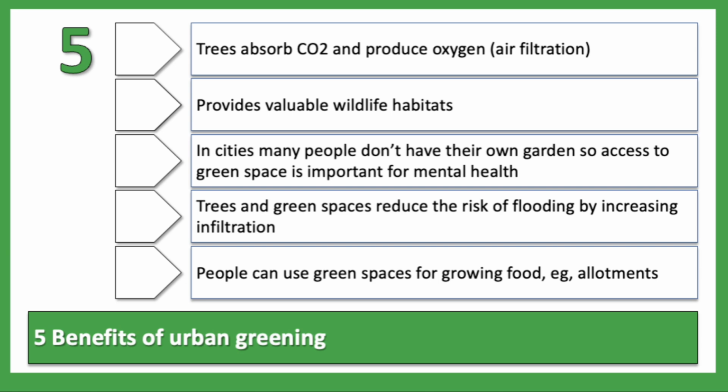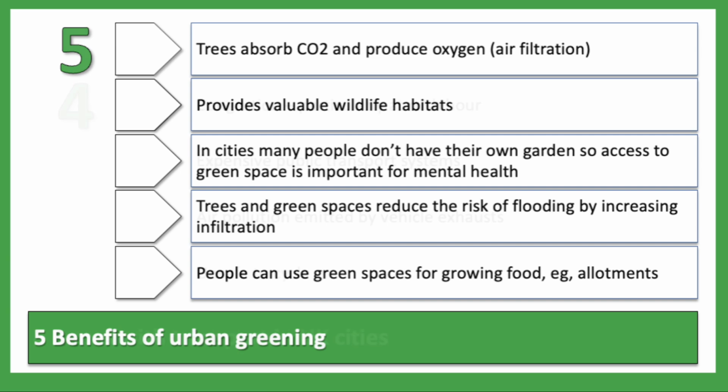In cities, many people don't have their own gardens, so access to green space is important for mental health. And this was a massive issue during the COVID pandemic. Trees and green spaces reduce the risk of flooding by increasing infiltration rates, and people can use green spaces for growing food, such as allotments, which obviously links quite nicely to the UK Resource Management Unit.